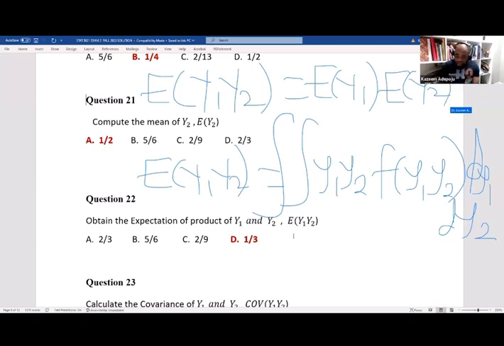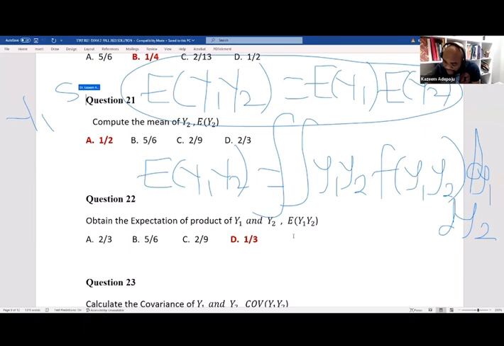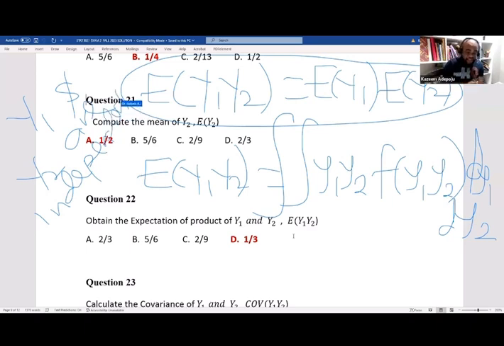Do you see that? You use this if you are told that y1 and y2 are independent. Because in the question, what if I indicate that? If I say y1 and y2 are independent, what is the expectation of the product? The expectation of the product is just going to be the product of the expectations. And in a situation where y1 and y2 are independent, covariance is going to be 0.